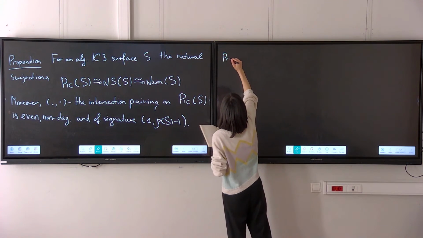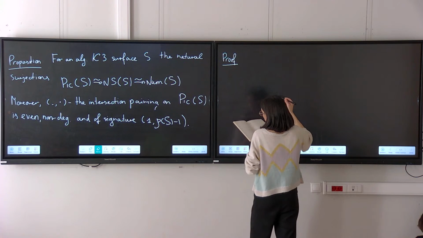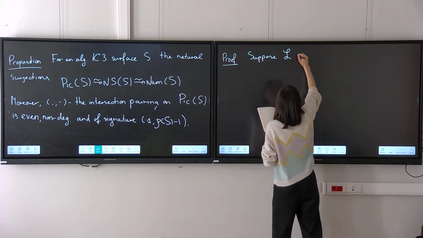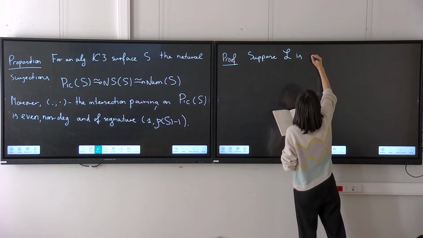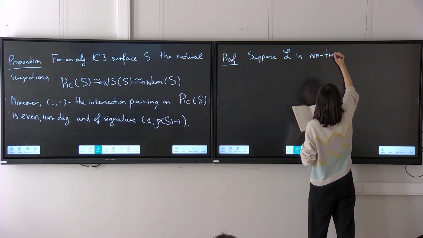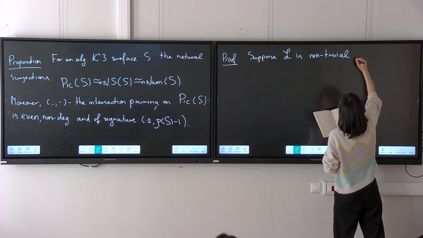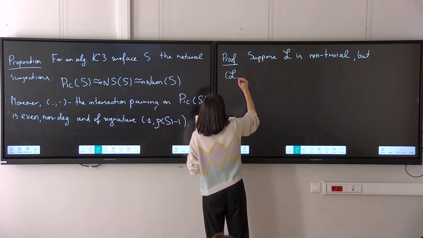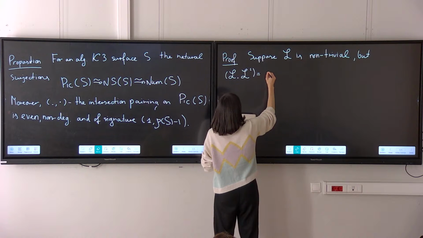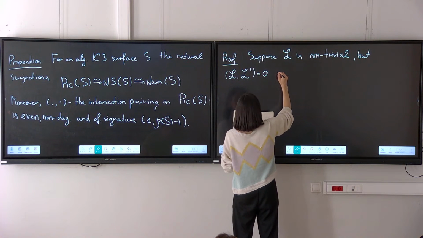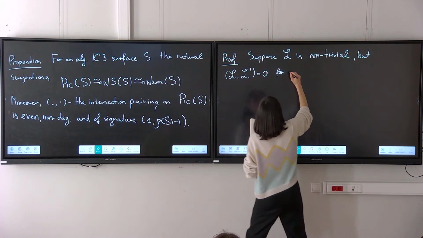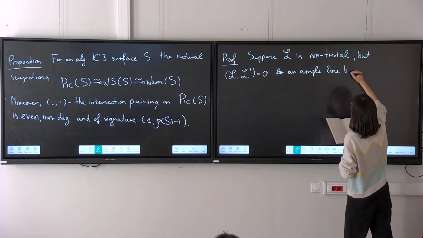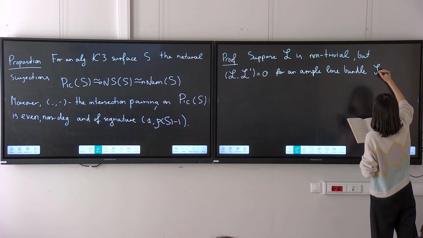Proof. So suppose L is a non-trivial line bundle, but the intersection L·L' is 0 for an ample line bundle L'.